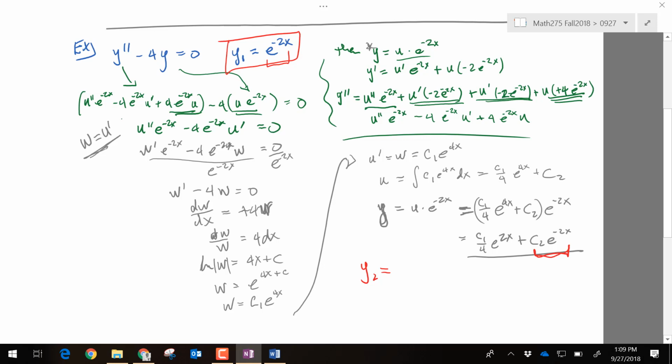So I don't think that function is going to contribute to our fundamental solution. If I compare this solution to that solution, those two are not going to be linearly independent from each other. So y and y1 are not linearly independent.